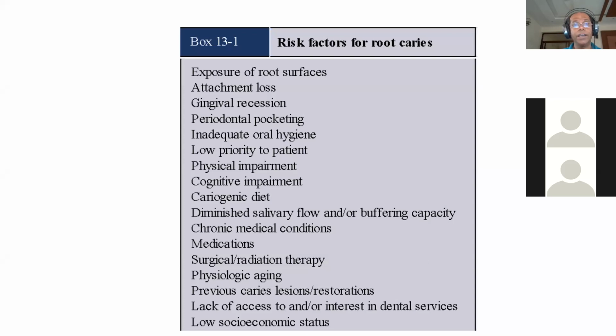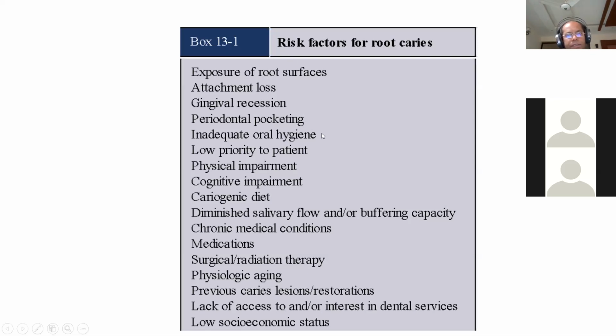So that is exposure of the root surface in these age groups. Attachment loss, again due to periodontal problems and gingival recessions, attachment could be lost, and that leads to the exposure of the root surface, then plaque retention, and then can lead to root caries.